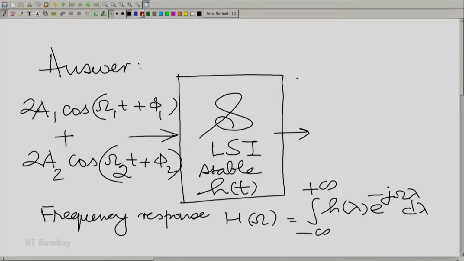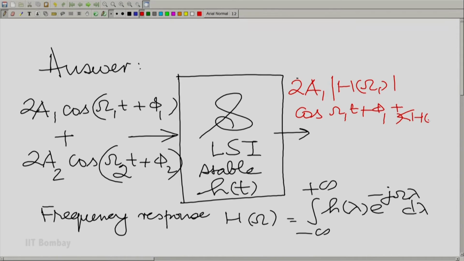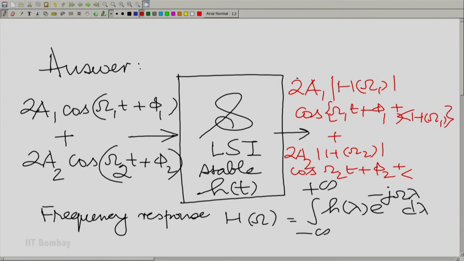The output is simply 2 A1 mod H evaluated at omega 1 times cos(omega 1 t plus phi 1 plus the angle of H evaluated at omega 1) plus twice A2 mod H(omega 2) cos(omega 2 t plus phi 2 plus angle of H evaluated at omega 2).